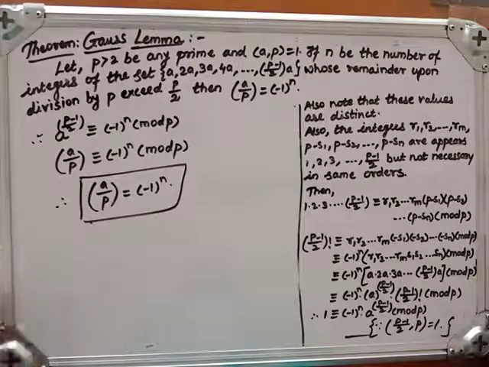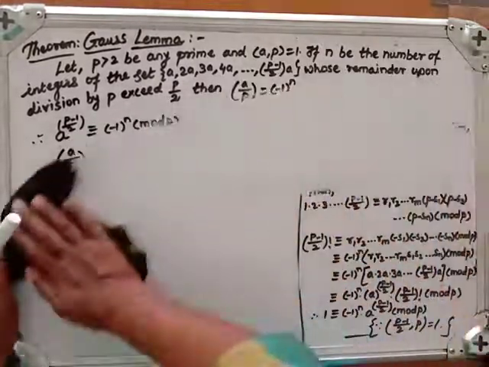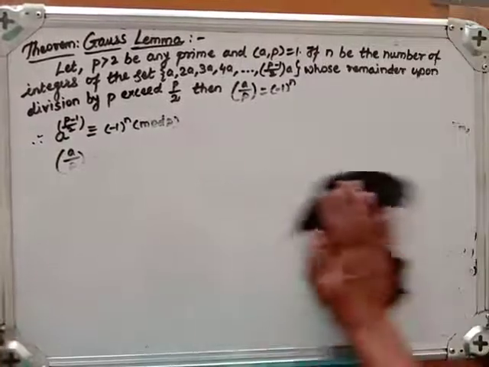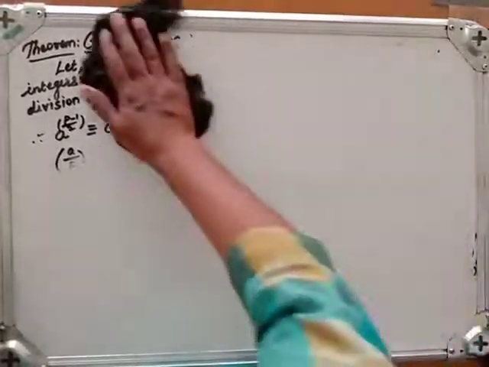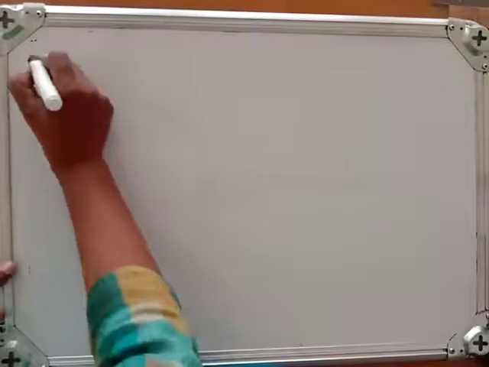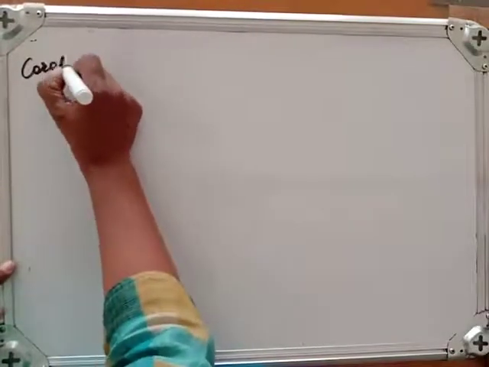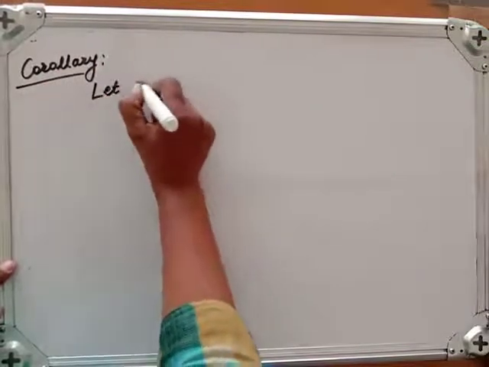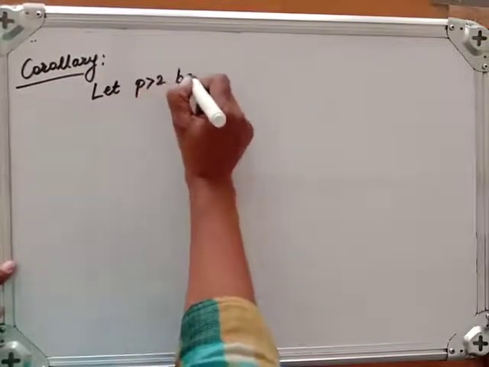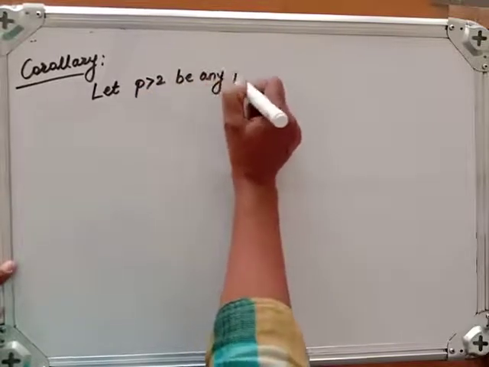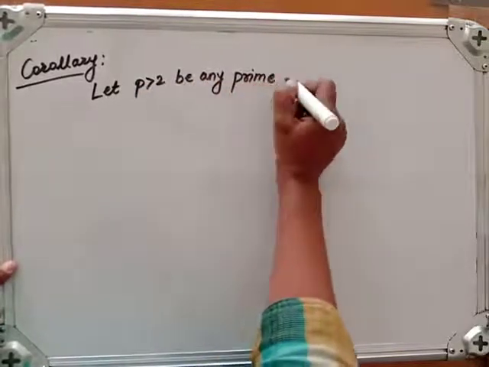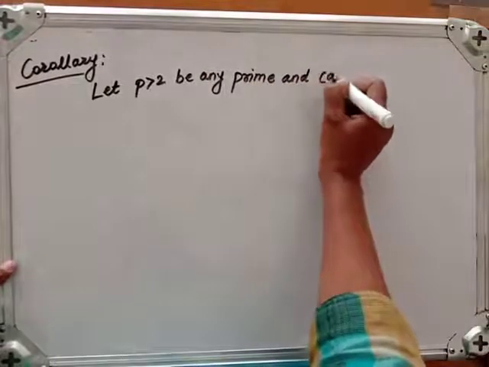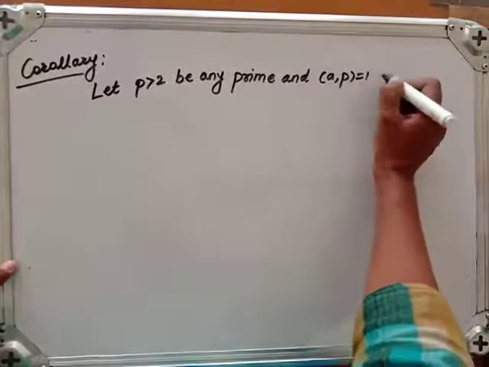Now let's see a corollary for this. We don't want to prove it, and after writing the corollary we will stop here. So, corollary. Let p greater than 2 be any prime and a and p are relatively prime.